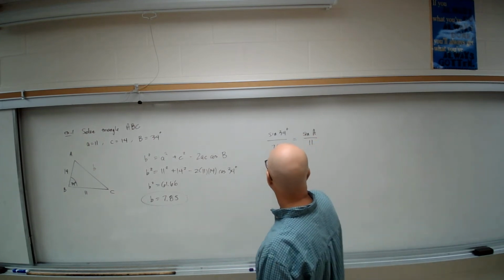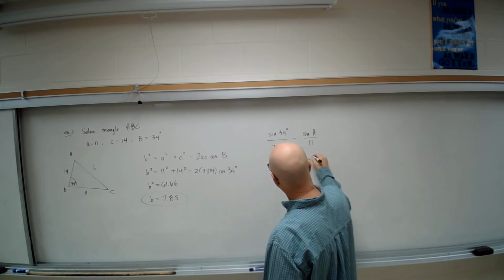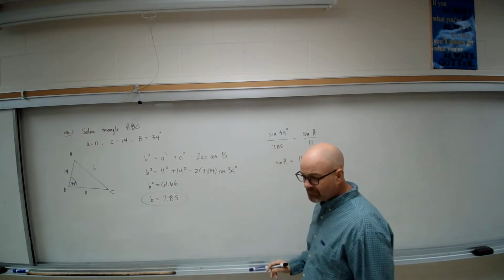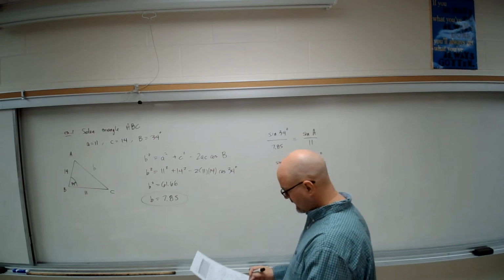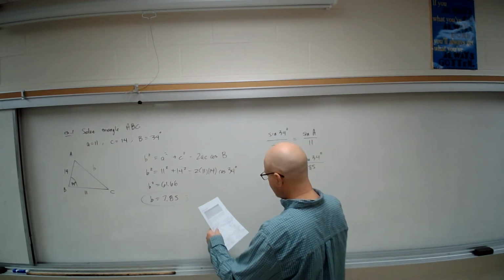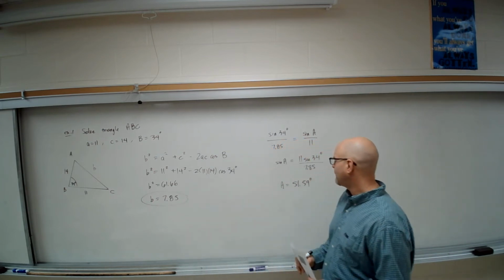So we cross multiply. 11 times the sine of 34 degrees over 7.85. And I work that out, and we get A is equal to 51.59 degrees. You might want to try that on your own.